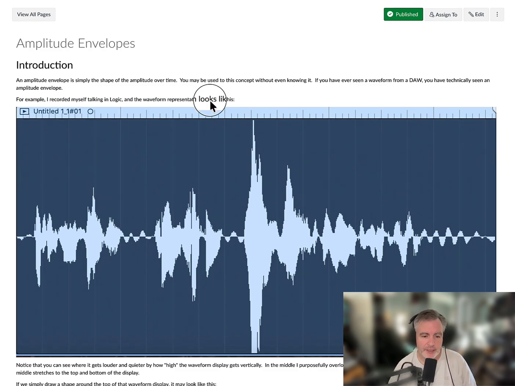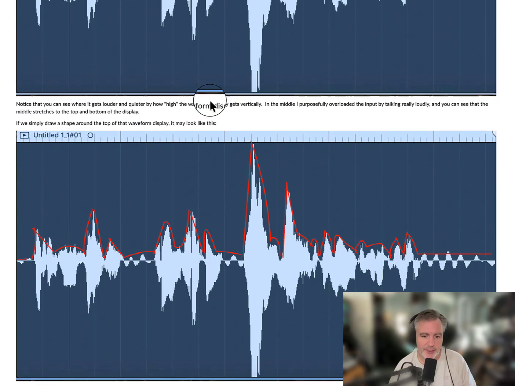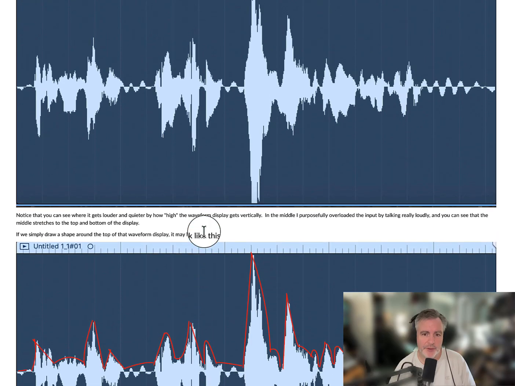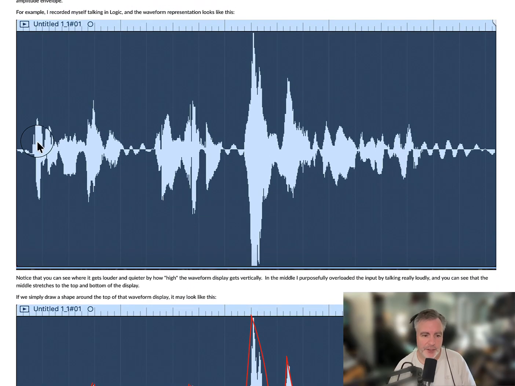So if I look at something like this, I can just draw how it's going up and down in amplitude over time, and that would be the amplitude envelope, or at least a representation of the amplitude envelope. Technically, the amplitude envelope goes through all the fine-grained little nooks and crannies that you see.